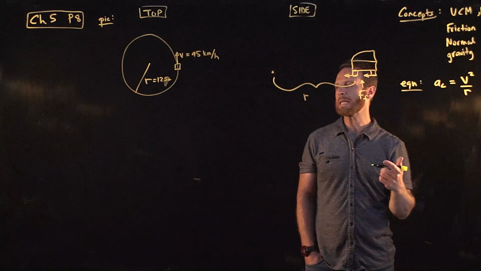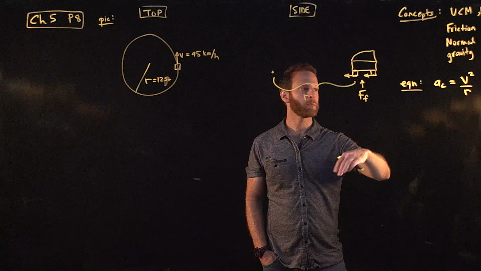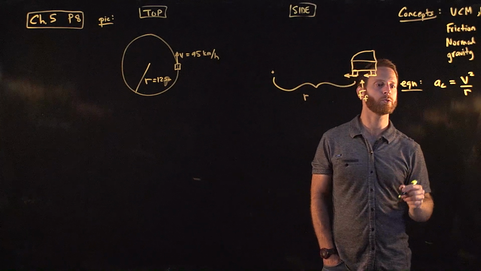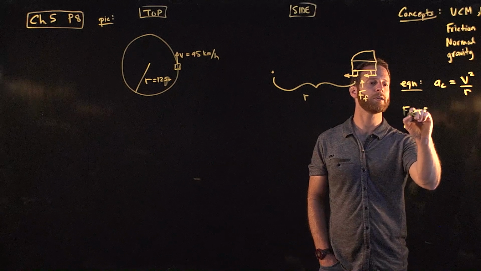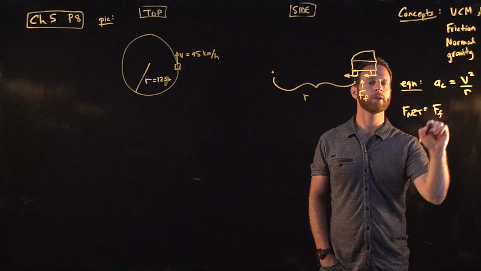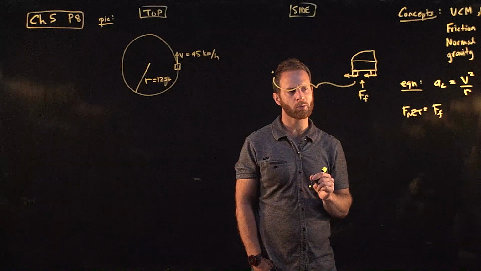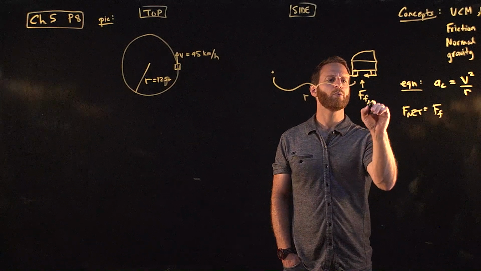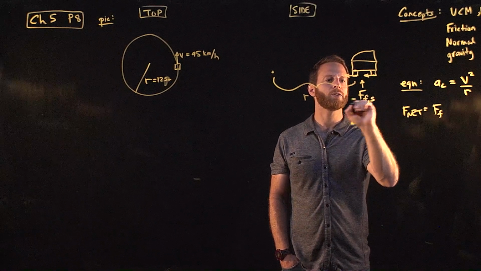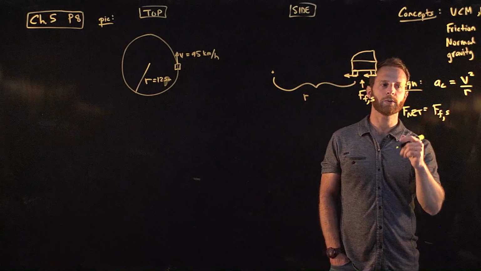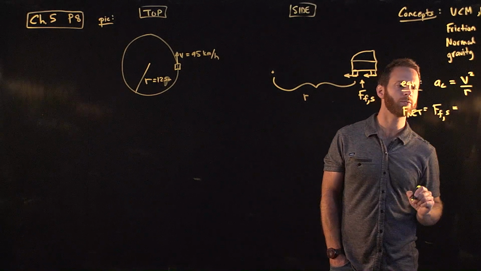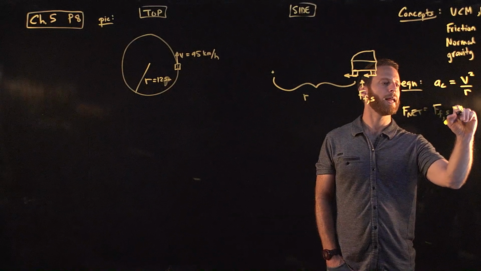Newton's second law will relate the centripetal force to whatever other forces we have. The net force, there's only one, that's provided by the force of friction. The force of friction between the tires and the road, if you recall, should be a static force. So the static force of friction between the tires and the road is what gives you your centripetal acceleration.